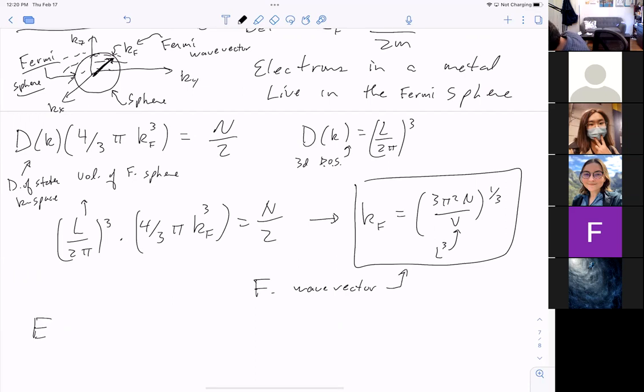And then the Fermi energy is just going to be h bar squared kF squared over 2m.